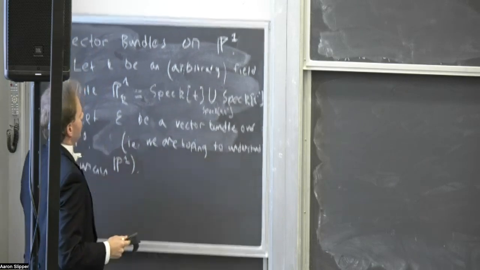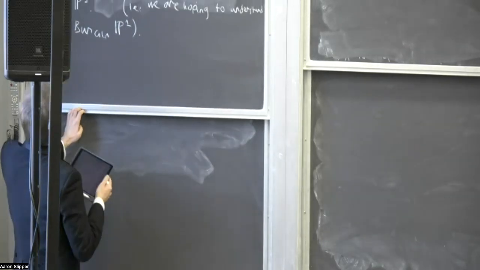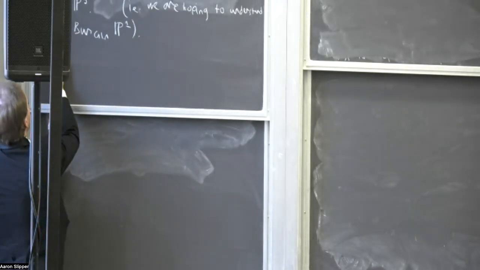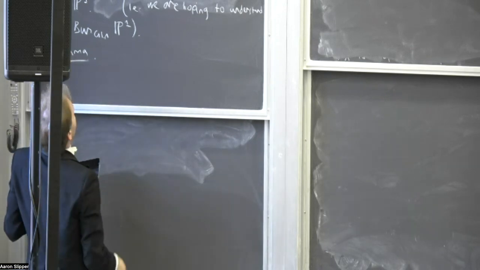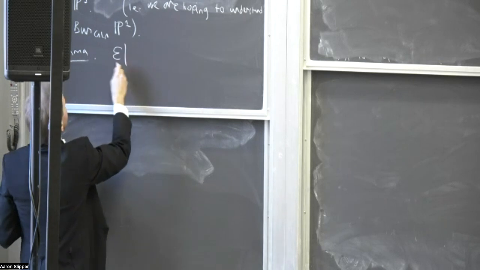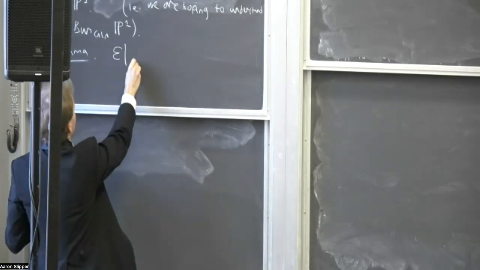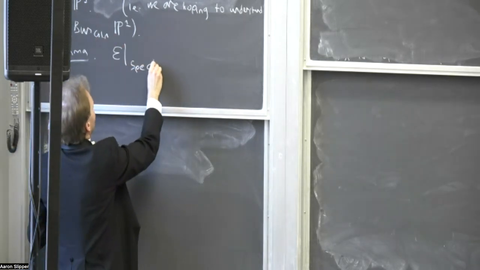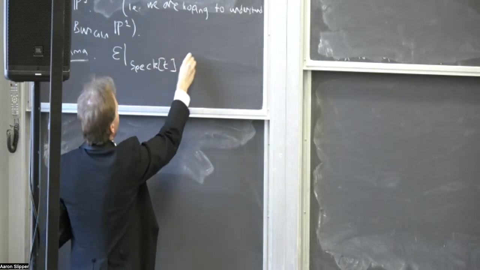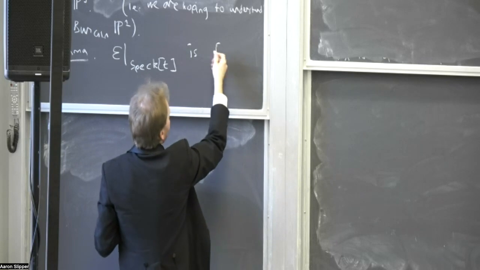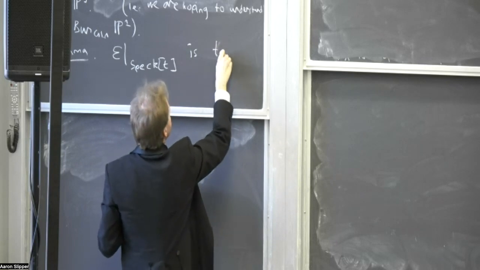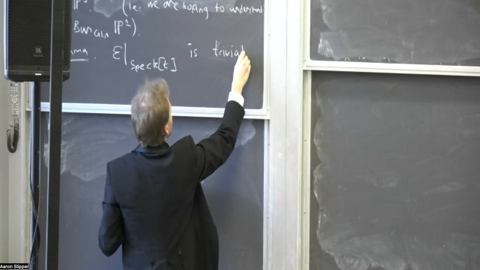All right, so let's start with a very elementary lemma: if we restrict E, the vector bundle, to spec K[T], the upper or positive open set, this is a free, or trivial, vector bundle.